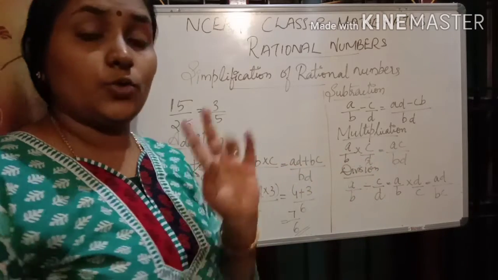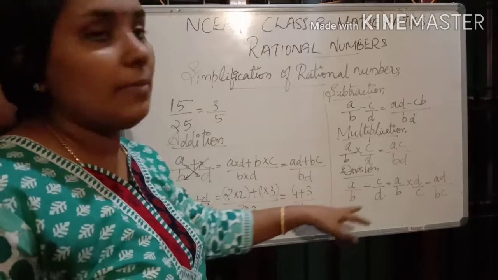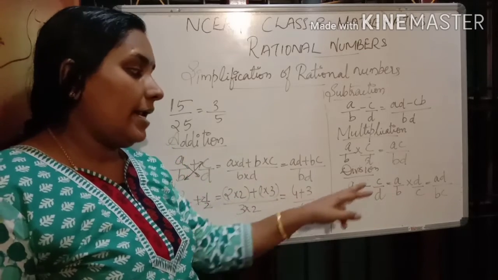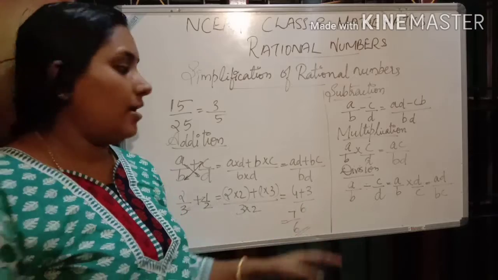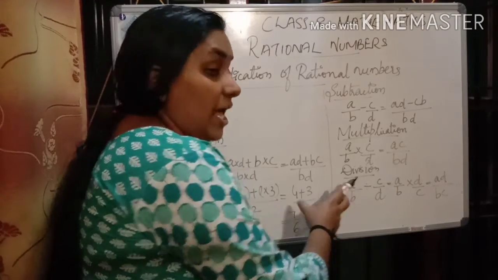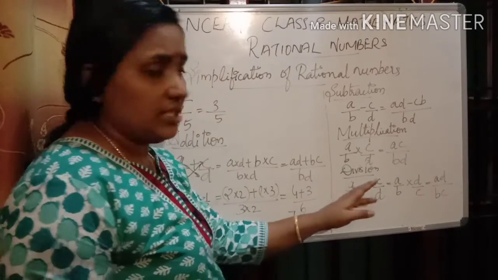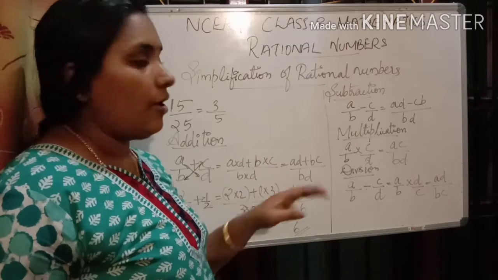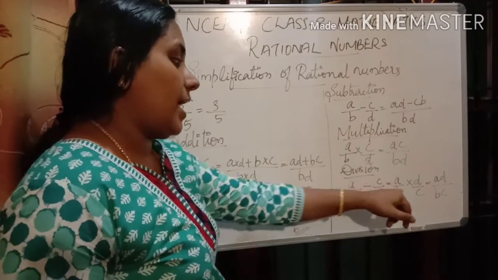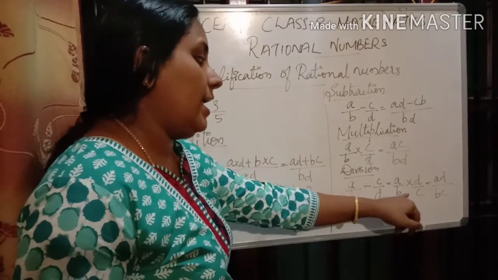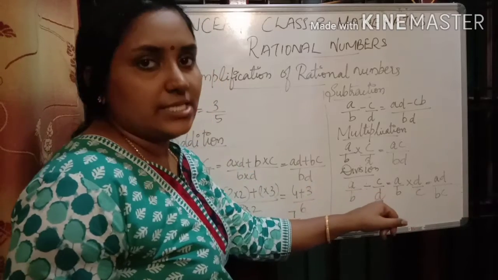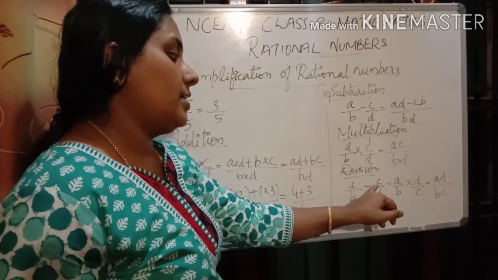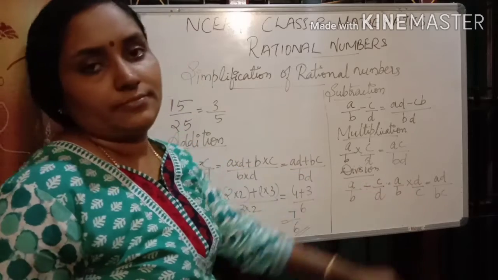While dividing two rational numbers, a by b divided by c by d, we cannot write these four terms in a division or in a fraction. So, we write it as a by b into, just take the reciprocal of this number, that is d by c.